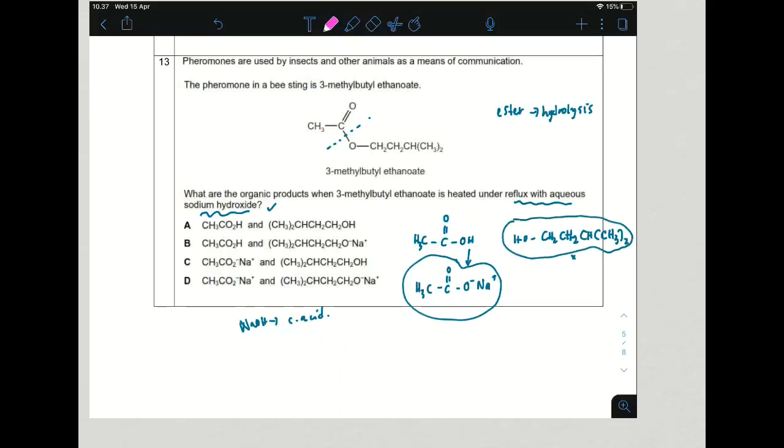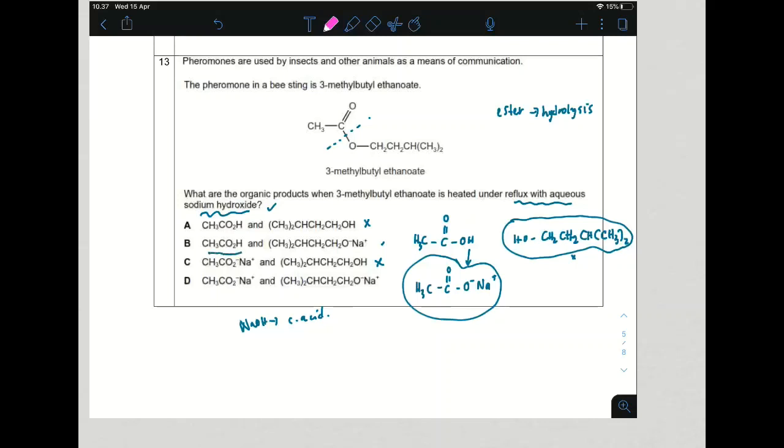So we just have to look at the proper answer here. There is no salt here, there is salt here, and then we have to look for the alcohol. This is going to be the carboxylic acid.